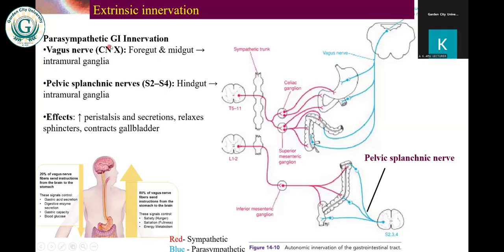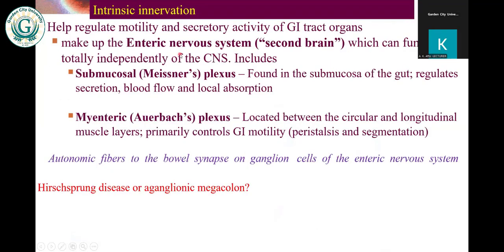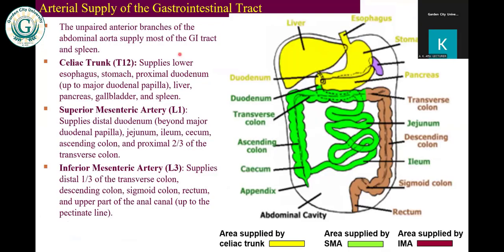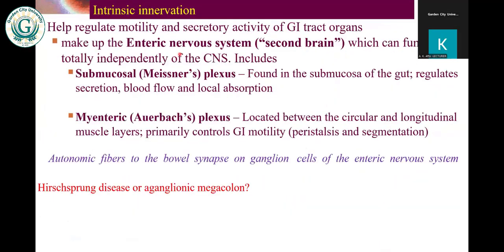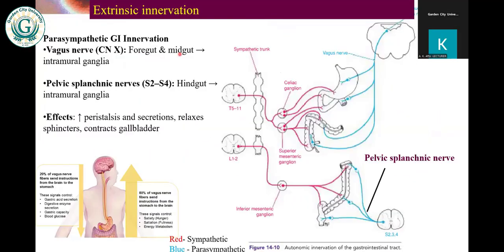The foregut is everything colored yellow and everything colored what do you call it? Green. For all those structures, the parasympathetic innervation is from the vagus nerve.